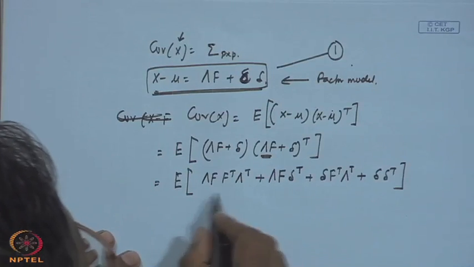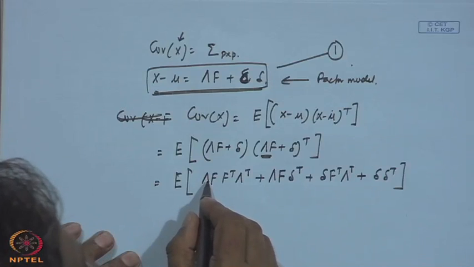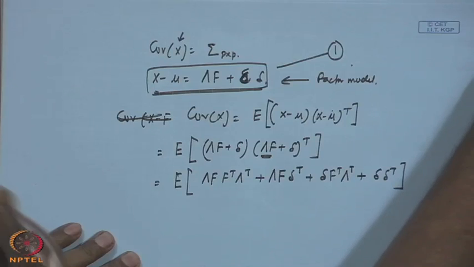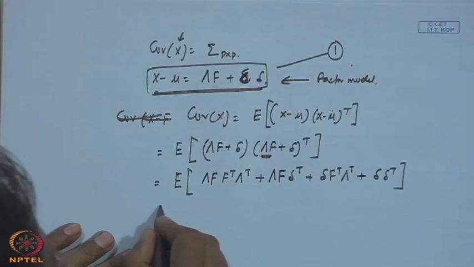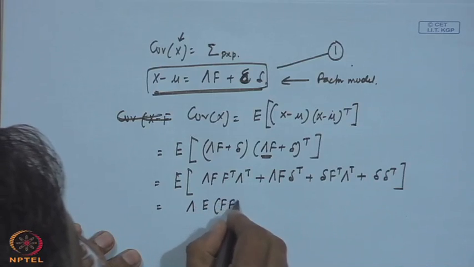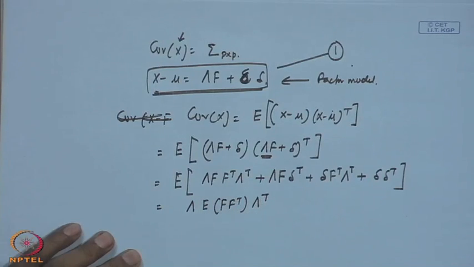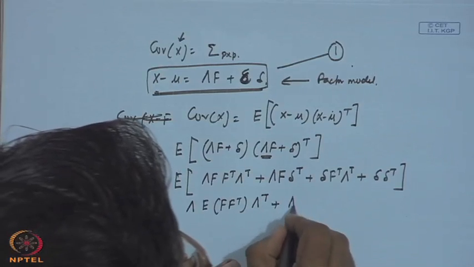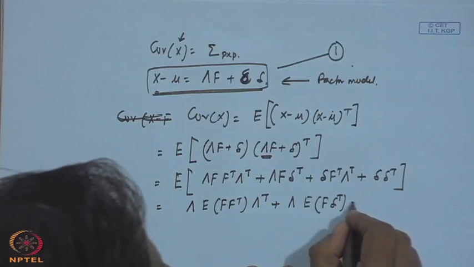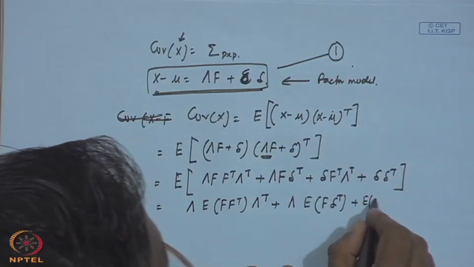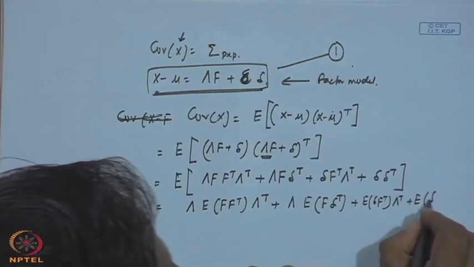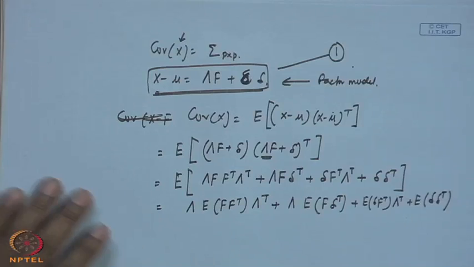Okay. Now, that capital lambda is the regression-like constants you have seen earlier. So, this constant will come out: lambda expected value of f f transpose capital lambda transpose, plus lambda expected value of f delta transpose, plus expected value of delta f transpose lambda transpose, plus expected value of delta delta transpose.